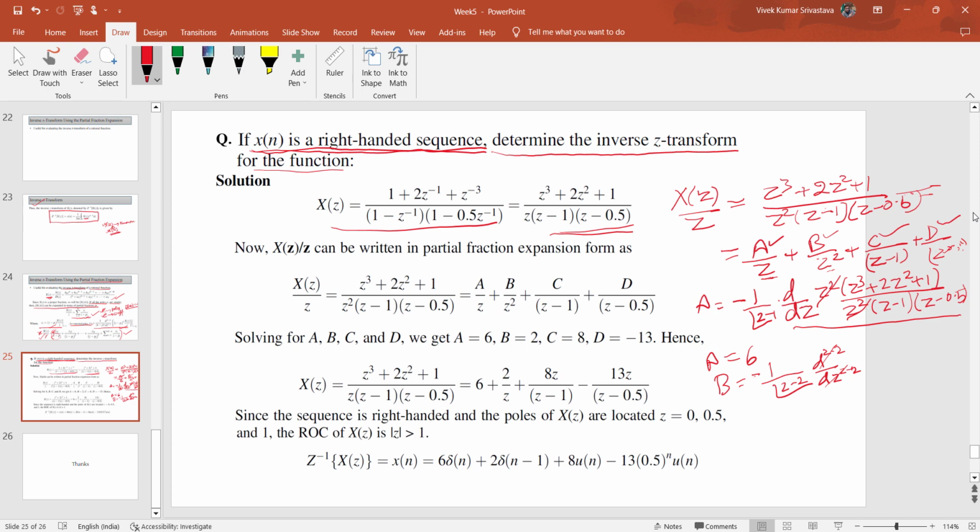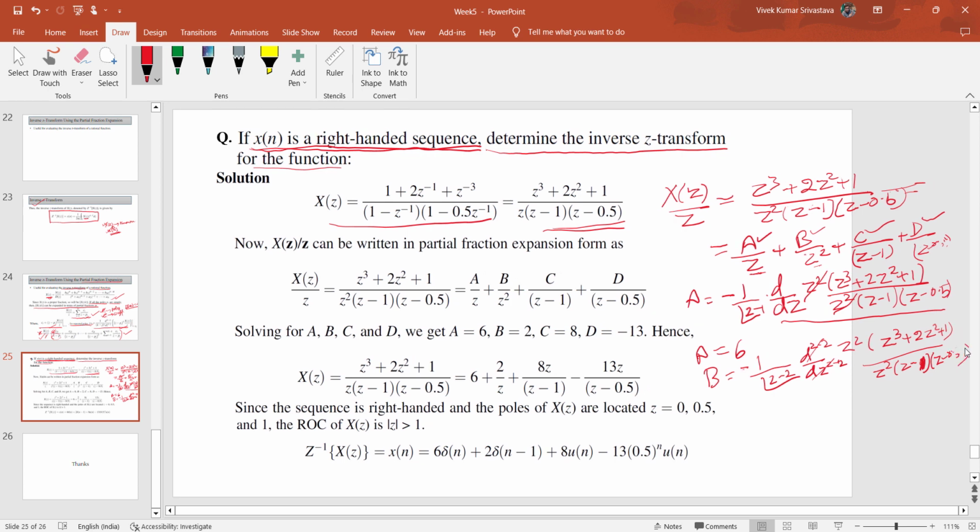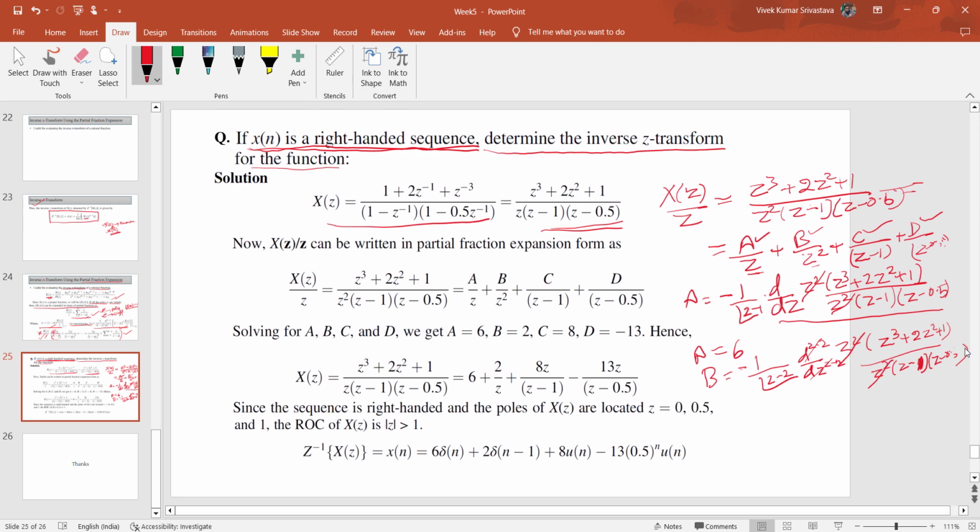So here differentiation will not be there, you only have to multiply z square with 2z square plus 1 over z square into z minus 1 into z minus 0.5. This will be cancelled, and you just have to replace z as 0. Once you put z as 0, you will get the value of b as 2.